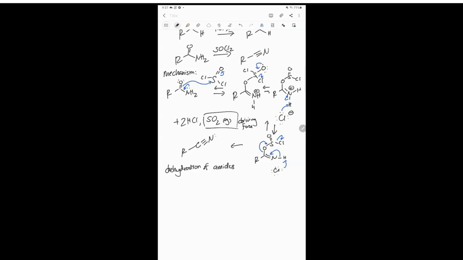The last one is irreversible because once you make SO2, it has bubbled away. It is now in the atmosphere, creating acid rain to destroy the oceans. So it is no longer part of our reaction. It's just going to go do other nasty things. All right, so that's what we're looking at here.